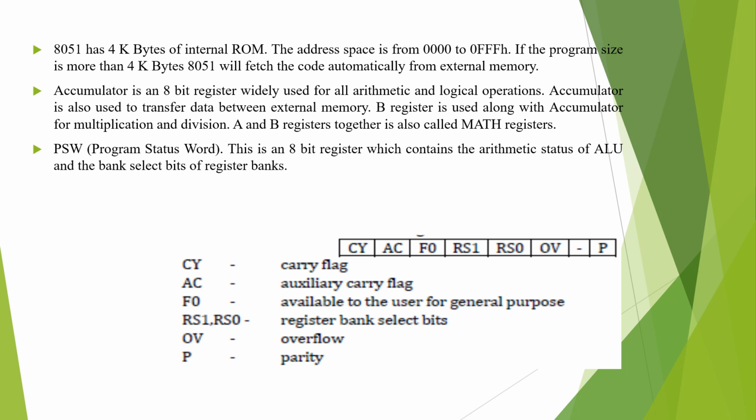So to select 4 banks, we need at least 2 bits, because 2 to the power 2 means 4. That is why RS1 and RS0 are used to select the register banks. OV means overflow flag, and P is the parity flag.